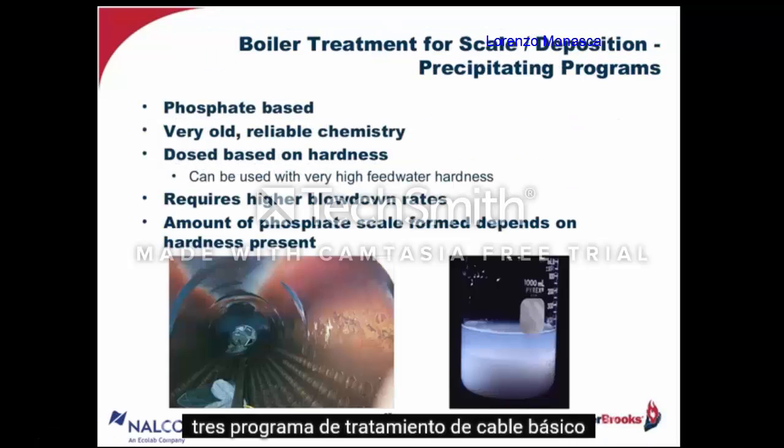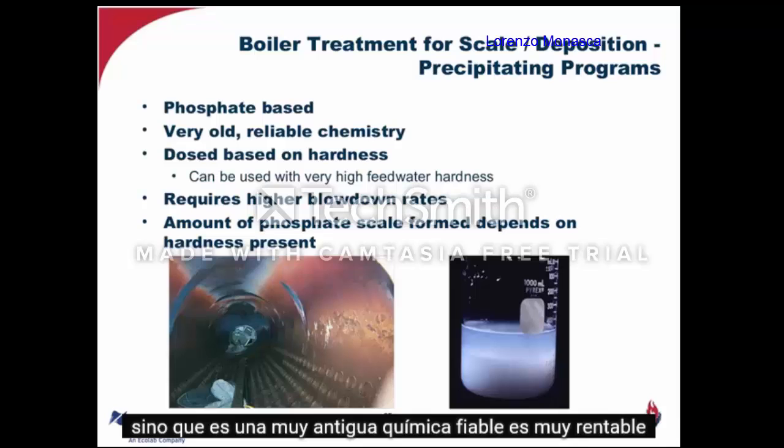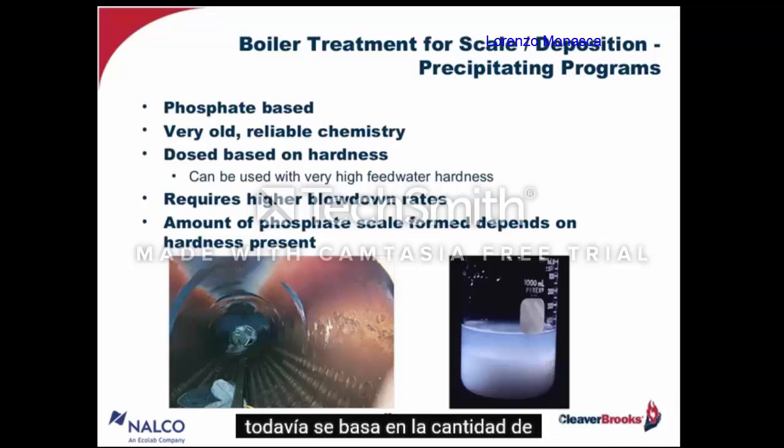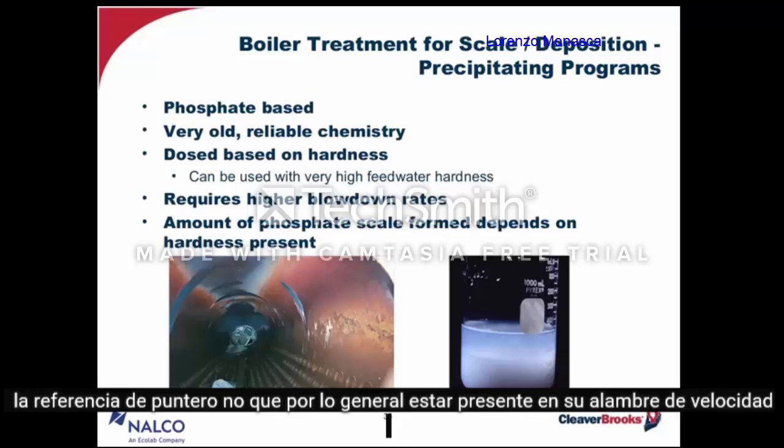There's three basic types of treatment programs commonly in use today. So the first, which I have up on the computer screen right now, is a precipitating type program. It uses phosphate, which is a very old, reliable chemistry. It's very cost effective. It is dosed based on the amount of hardness present in your system, and the point of reference there would typically be present in your feed water.